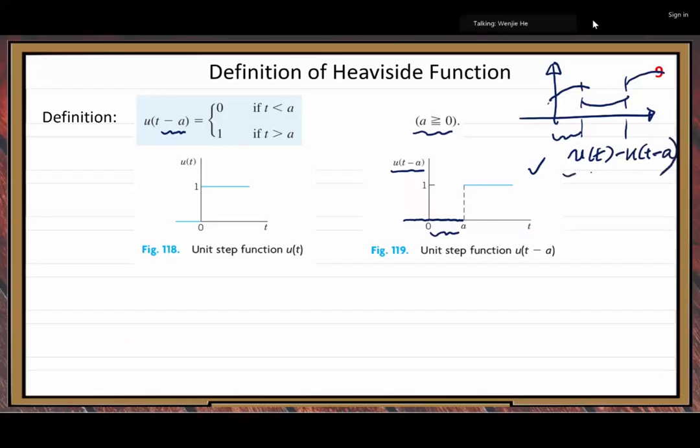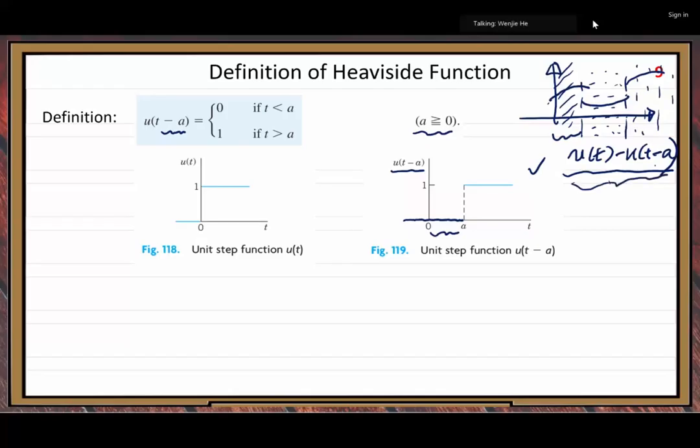You need subtraction so you can get this part. For the next part you need another subtraction, a subtraction of two Heaviside functions. Then the third piece is another subtraction type.